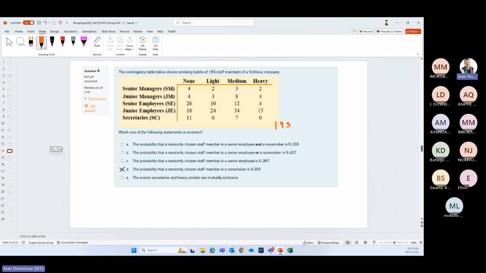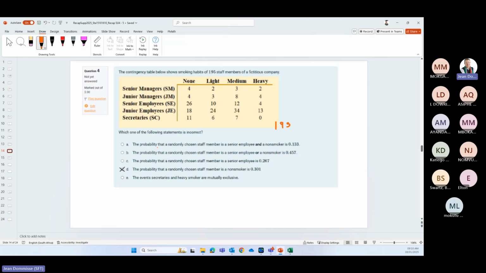You're not going to be in two provinces. You are in Gauteng, Western Cape, KZN, Eastern Cape, or wherever, but you can't be in Western Cape and Gauteng at the same time. That is mutually exclusive because you can only be in one.